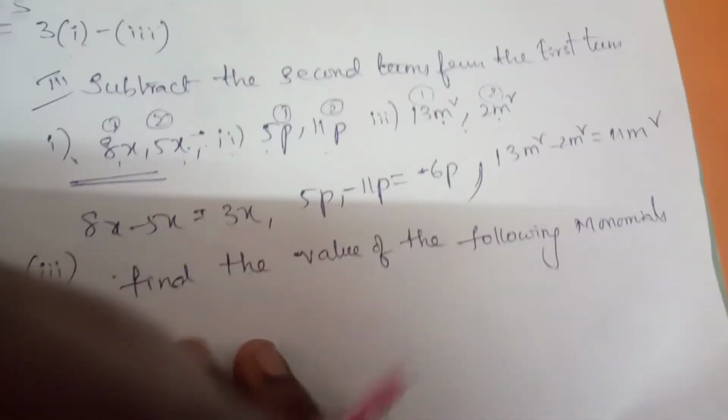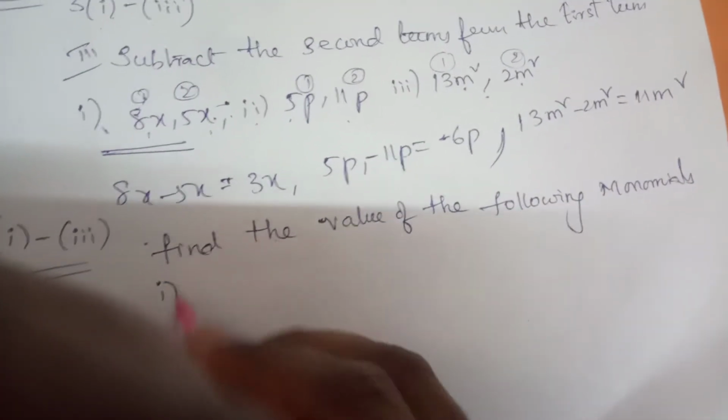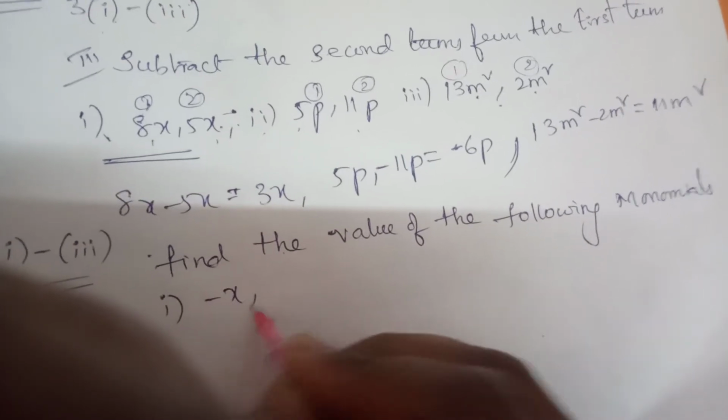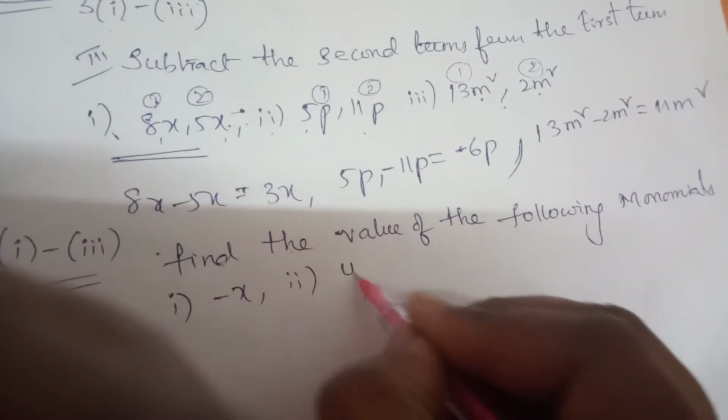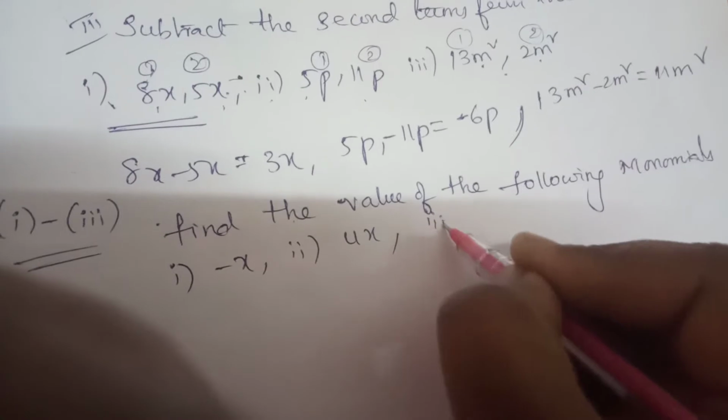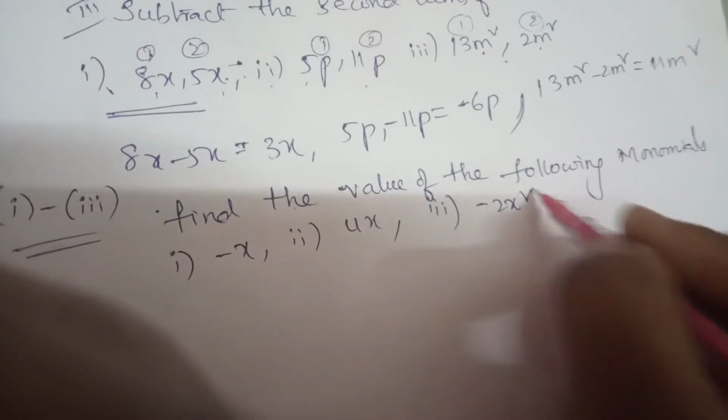You know what the monomials are. Here, the first monomial is minus x, the second monomial is 4x, and the third monomial is minus 2x square.